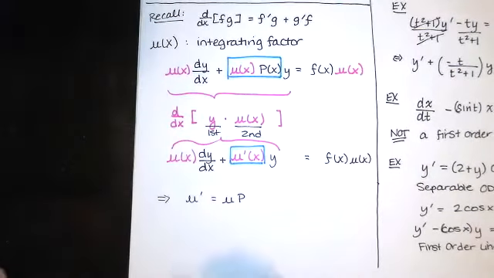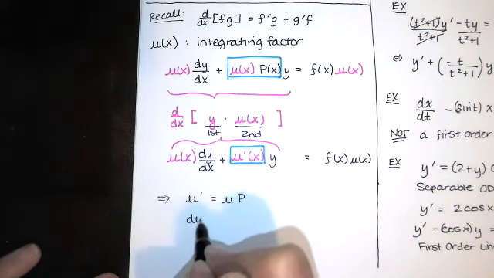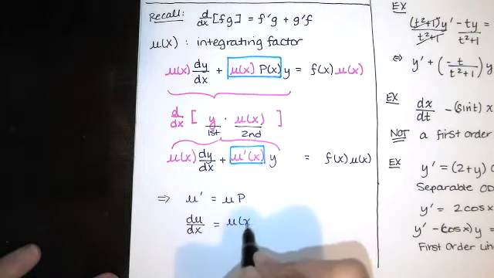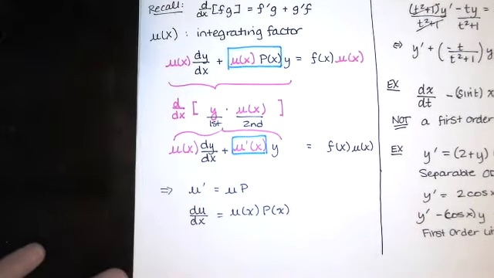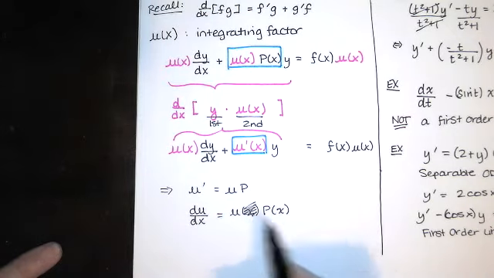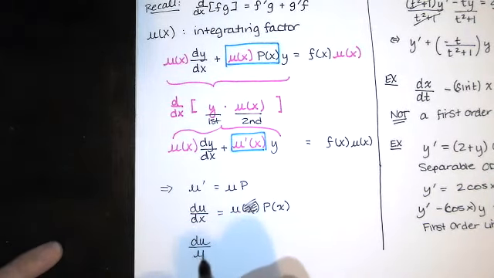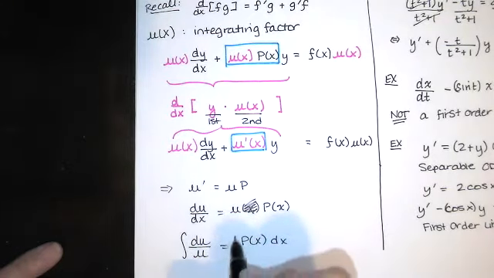And I'm just dropping the dependence on x, but we remember that it's there. Or if you prefer, you can put that dependence on x back. Makes it a little easier to see what's going on. And I might even drop the dependence on x on this one, but not that one. Let's separate the variables. This is a separable differential equation. We'll divide both sides by mu, multiply both sides by dx, and then antidifferentiate.